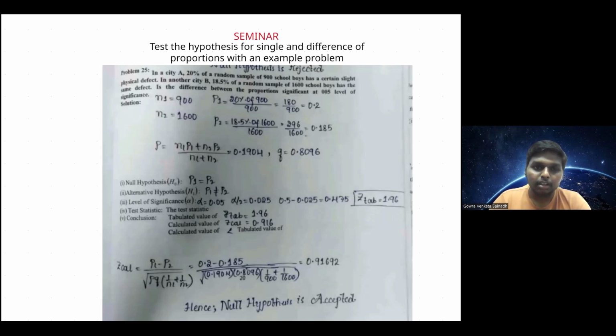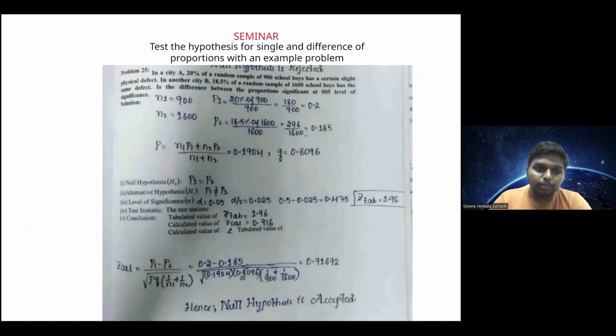That is, P is equal to 1 minus Q, or Q is equal to 1 minus P. Now null hypothesis, P1 equal to P2 and alternate P1 not equal to P2, and level of significance, they already gave significance at 0.05 level. So for that we get the tabulated value of 1.96. You can check it on the tables.